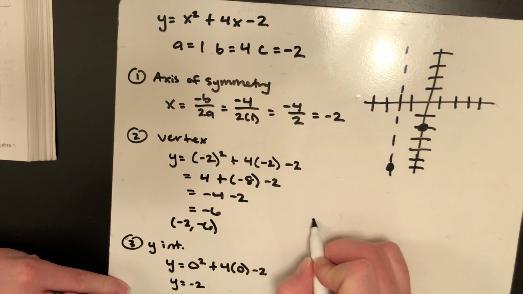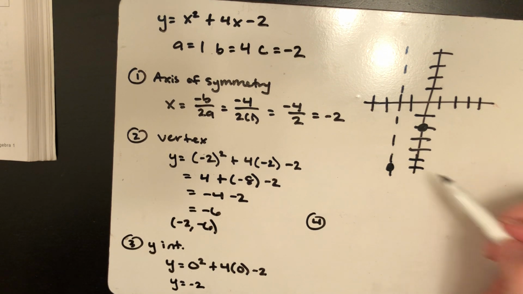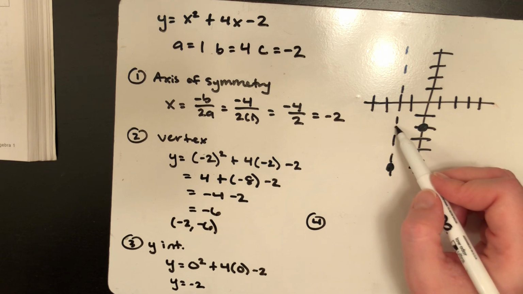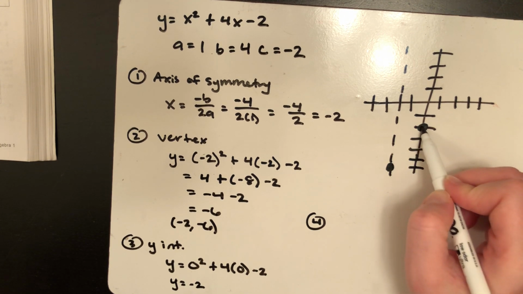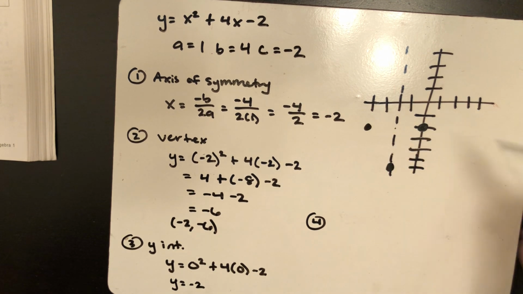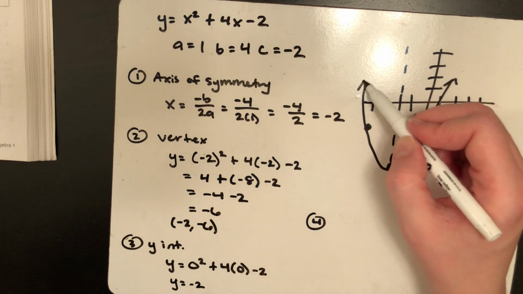So step 4 is plug in another number that I don't already have. Or I could just mirror my image. So I know that this is my axis of symmetry. 2 units away, I'm at -2. So if I go 2 units in the other direction, here's my parabola.